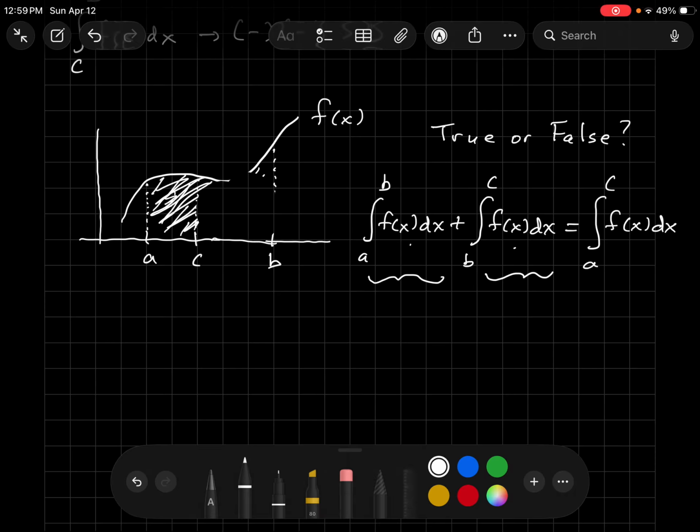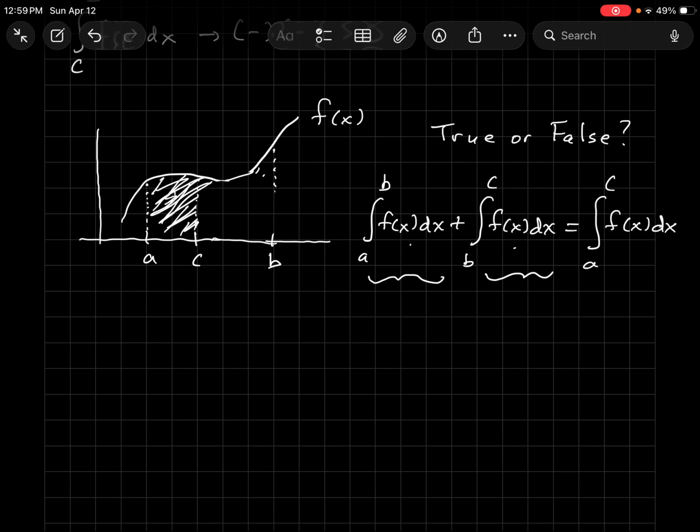If I do that, does it give me what I want? So is everything, this first part, minus the part from b to c, does that give me the area from a to c? And the answer is yes. This is always a true statement, regardless of where a, b, and c are. It doesn't even matter if the function f is below the axis or not.